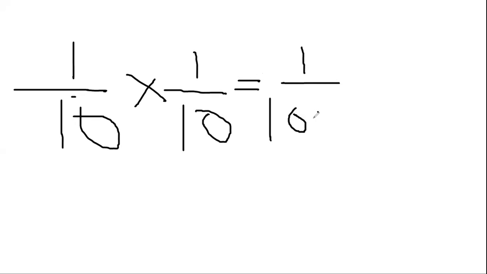Now, I want to say something. For yen pairs, their exchange rate is more or less like this. When you have 1/10 times 1/10, 1 times 1 is 1. 10 times 10 is 100. 1 divided by 100 is 0.01.